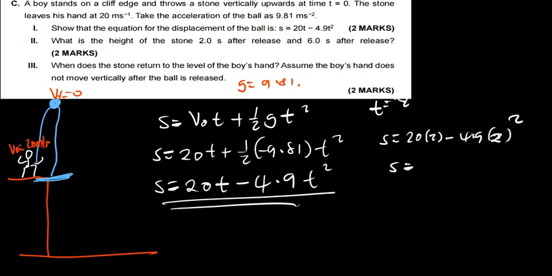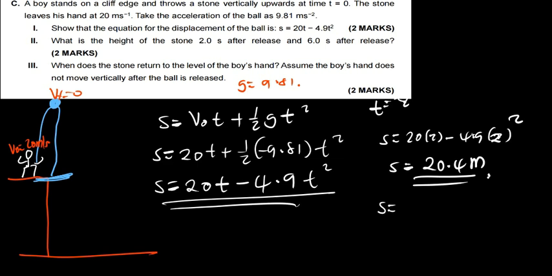So it will be 4.9 times 2 squared, which gives 20.4 meters. So we are saying when t was equal to 2, the displacement was 20.4.